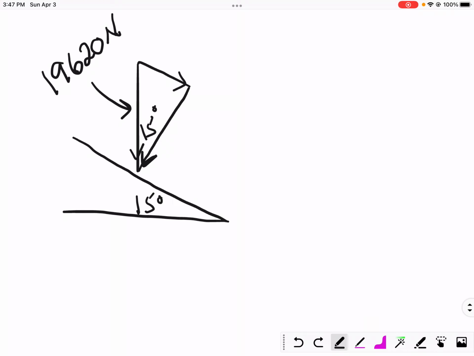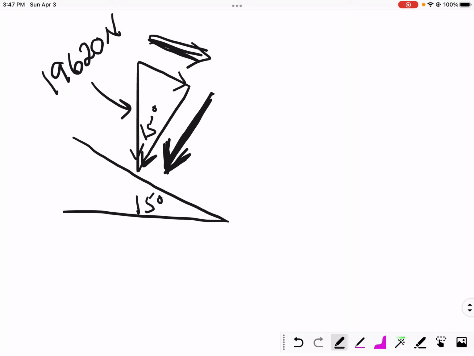And it becomes the hypotenuse of this triangle right here. We're taking this hypotenuse and breaking it into its perpendicular components. Now, this one goes directly into the ramp. And as long as the ramp is strong enough, it pushes right back. So there's no effect on that. This force isn't that important.